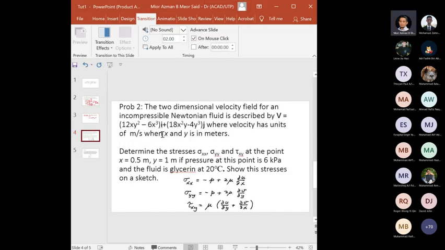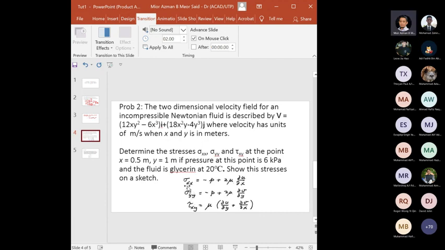Determine the normal stresses on the surface of x and the surface of y, and the shear stress xy at the point x equals 0.5 and y equals 1 meter, if the pressure at this point is 6 kilopascal and the fluid is glycerin at 20 degrees Celsius. We show the stresses on the sketch.